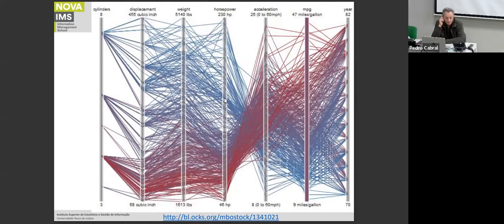So this is one way of giving the user an open exploration tool for deciding, for instance, which is the car that fits the needs for that particular person. Okay, this is really outdated. Now it's everything electric, right?